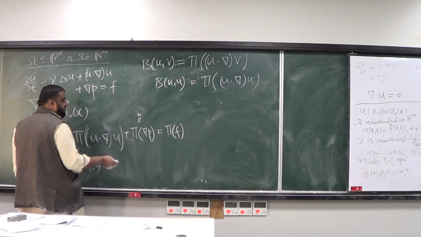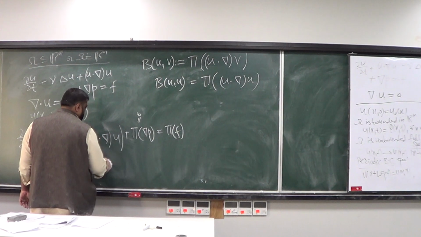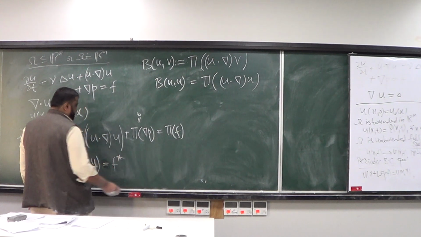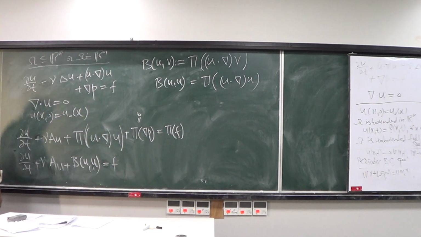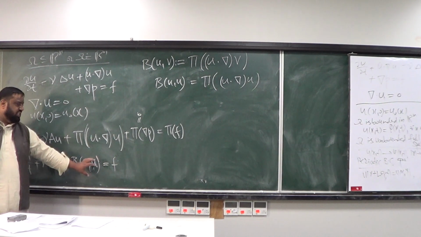Let's denote the pi of f by maybe some f star, or maybe we denote it again by f. So you got the equation in this form.